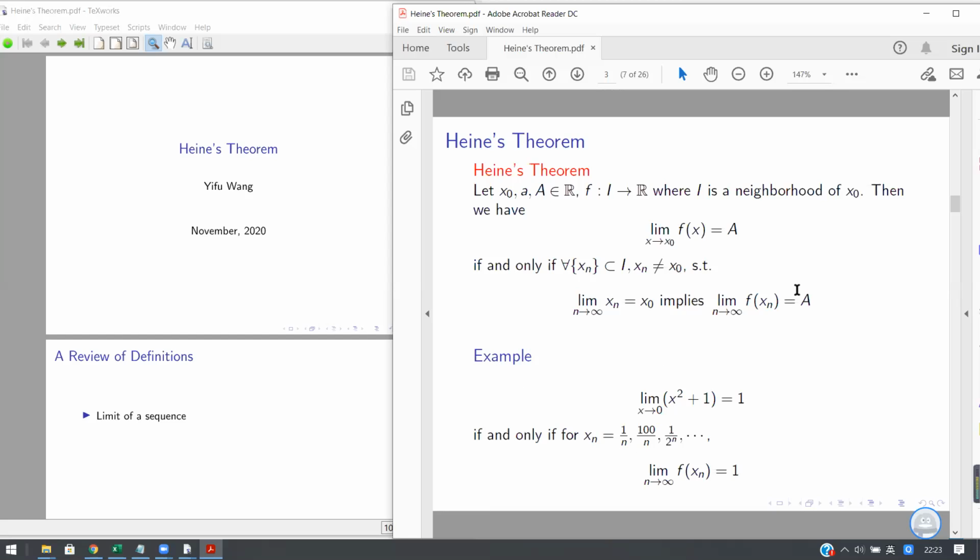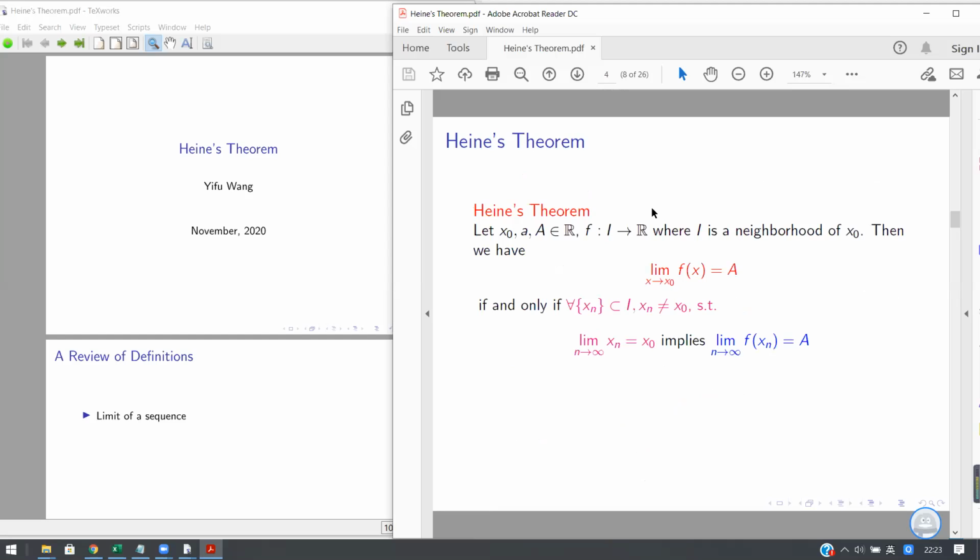Okay, next we are going to prove it. Before we start our proof, let us again find the structure of this proposition. We have three limits in total: the red one, the purple one, and the blue one.